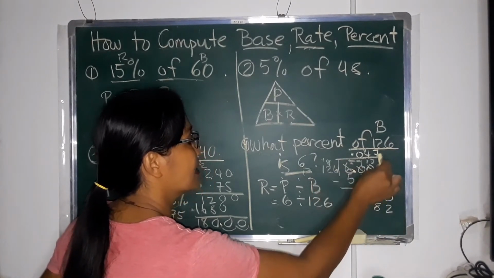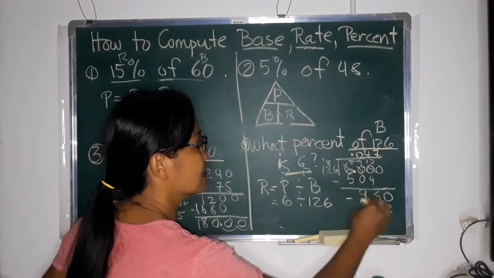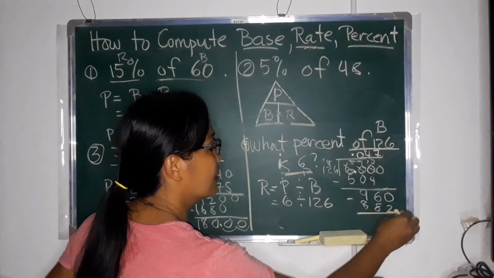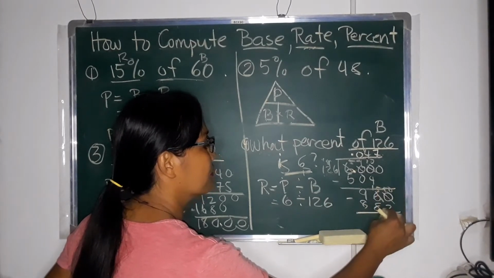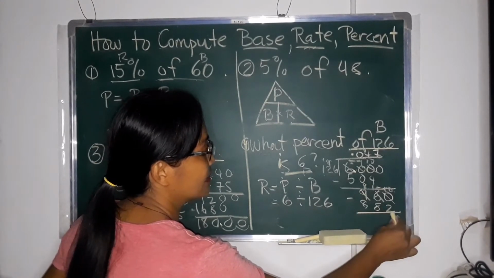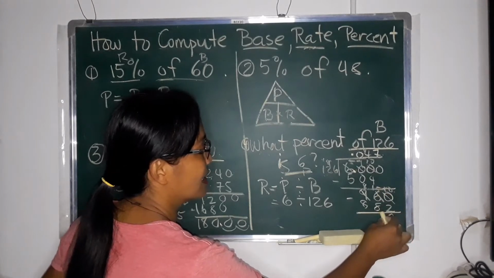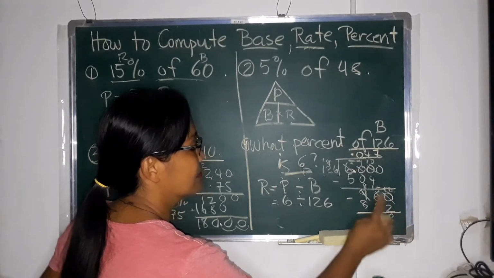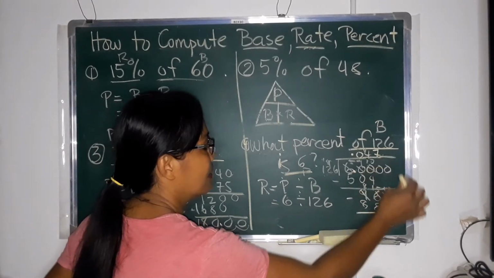Carry 1. 7 times 1, 7. Plus 1, 8. Then, subtract. We have 10, 15, 8. So, 10 minus 3 is 8. 15 minus 8, 7. 8 minus 8, 0. Meron pa rin. So, borrow 0.